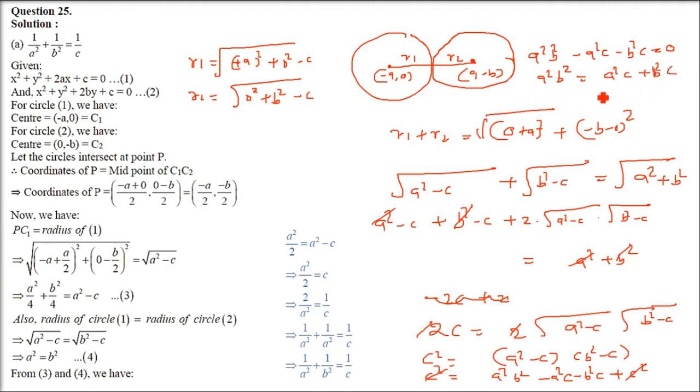On the left hand side you get 1, equals c by b square plus c by a square. Now divide both sides by c. So you get 1 by a square plus 1 by b square equals 1 by c. So the first is the correct option.